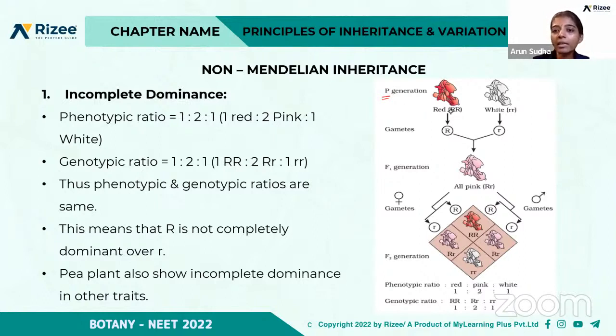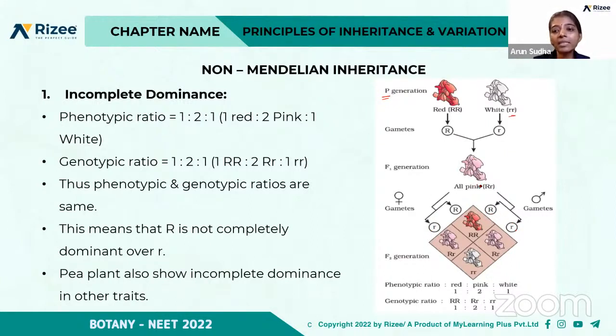We are crossing homozygous R, the red color flower, a pure true-bred line of red, with white color flower, which is homozygous recessive. When it is crossed, in the F1 generation all the flowers are pink. That is the heterozygous condition. And these are the possible gametes, right? Capital R and small r.